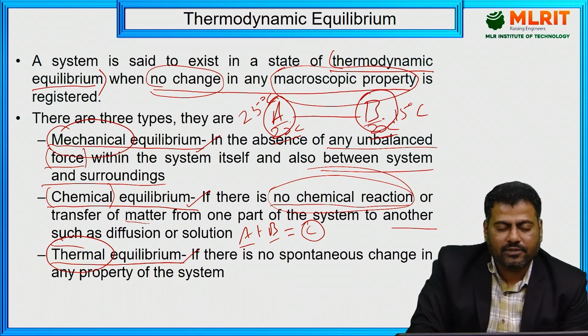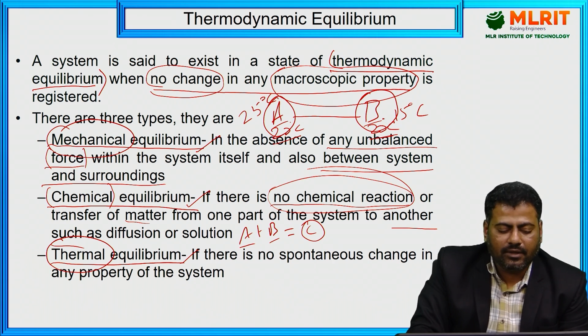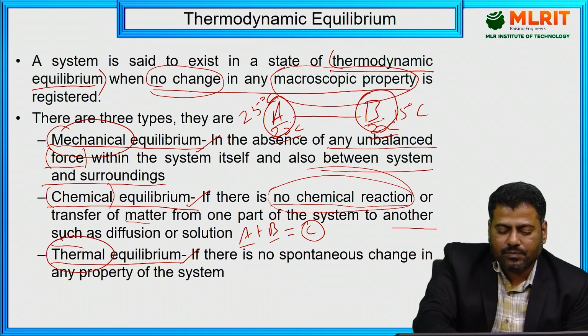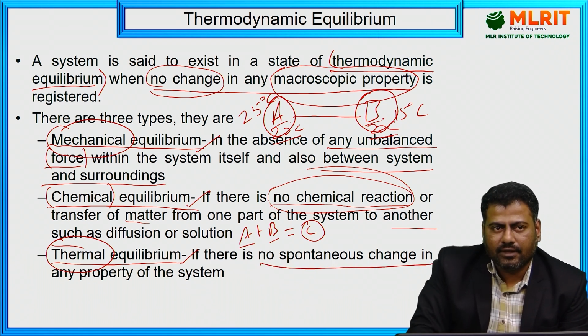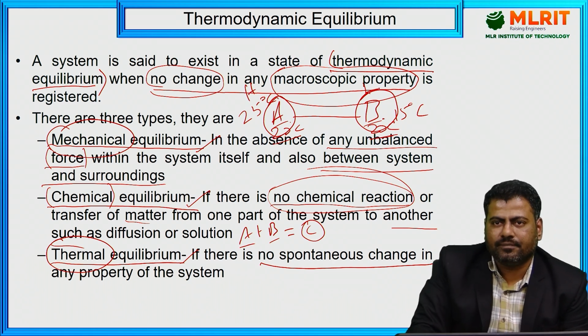The next one is thermal equilibrium. Thermal equilibrium means there are no spontaneous changes in any property of the system. Listen here. We know that heat always moves from high to low; that is the spontaneous process.